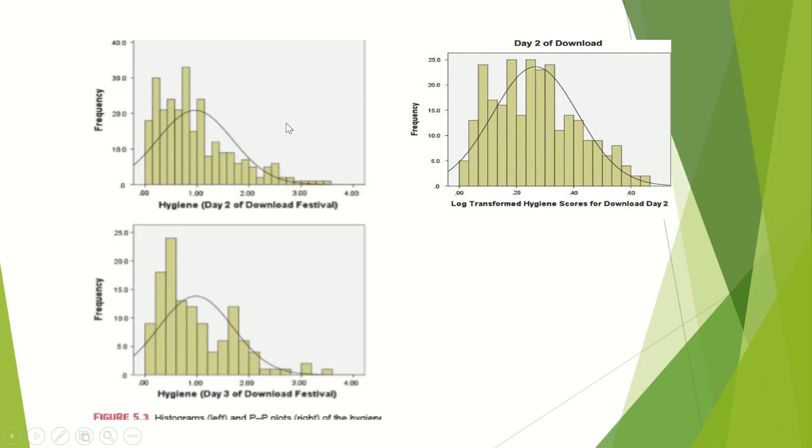As you can see, it is very evident that the skewness after the transformation is reduced. The same with the other data.